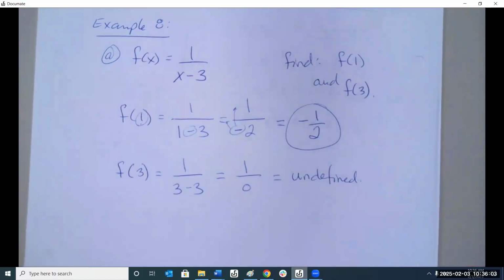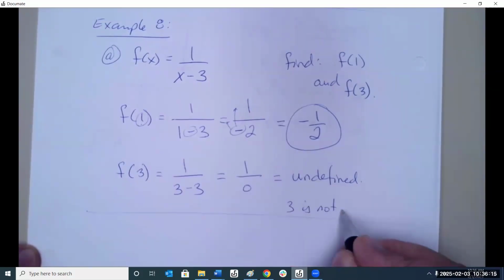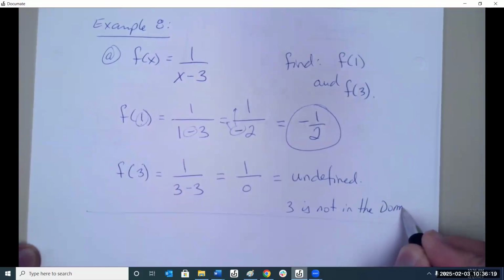Undefined. You cannot divide by 0. So 3 is not in the domain of x.